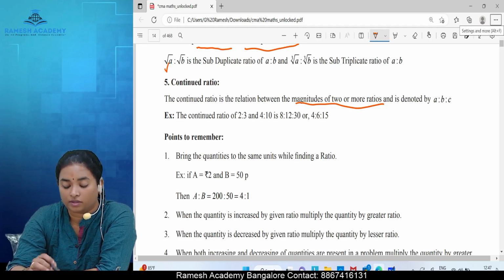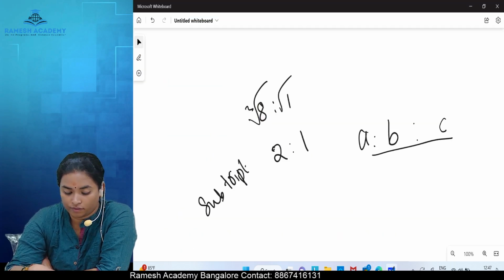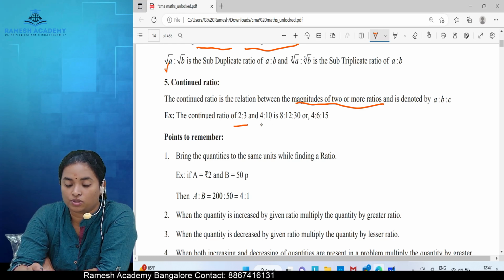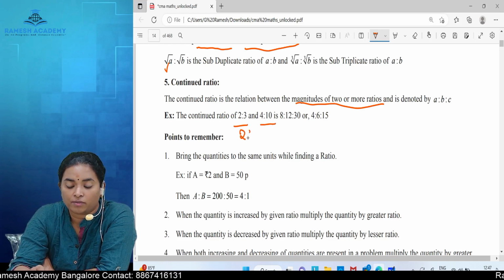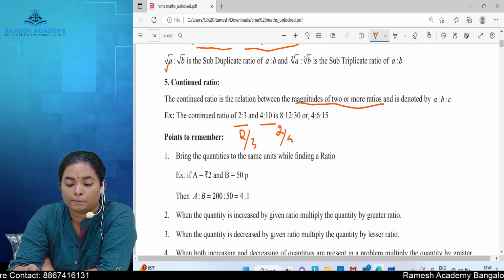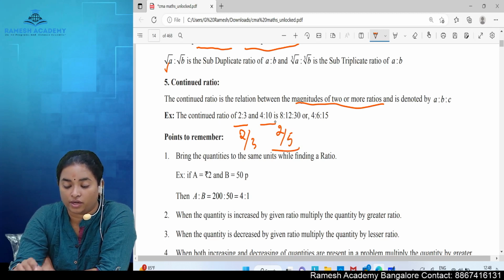Now let's say we have 2 is to 3 and 4 is to 10. These are normal ratios. What is the ratio between them? 2 by 3. For 4 is to 10, what is the ratio? 2 by 5. Now how will I find the continued ratio?